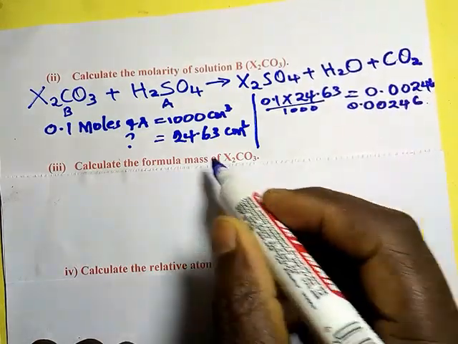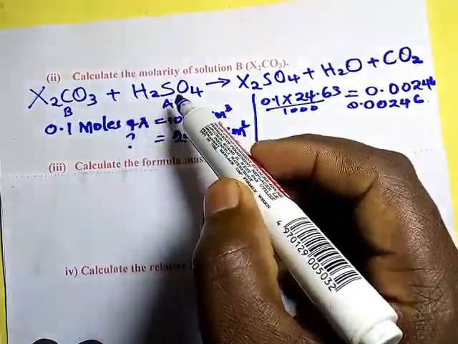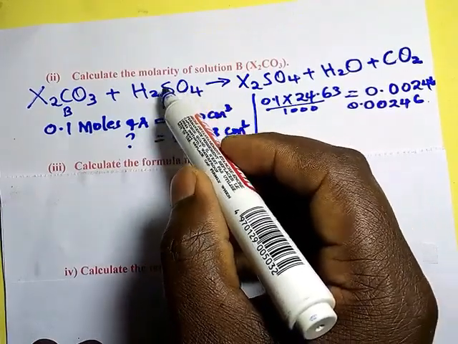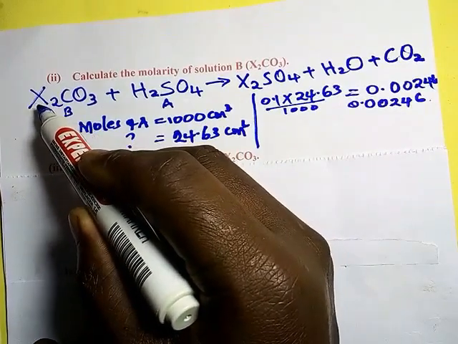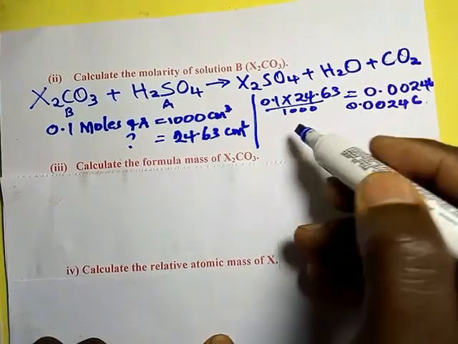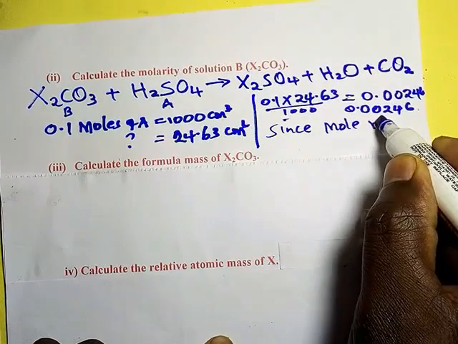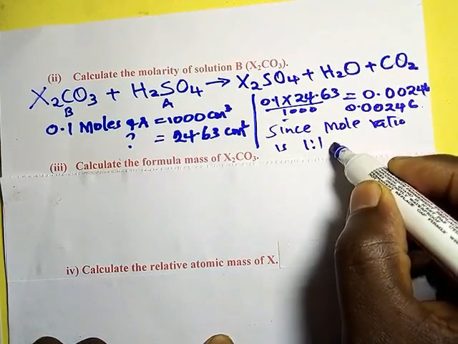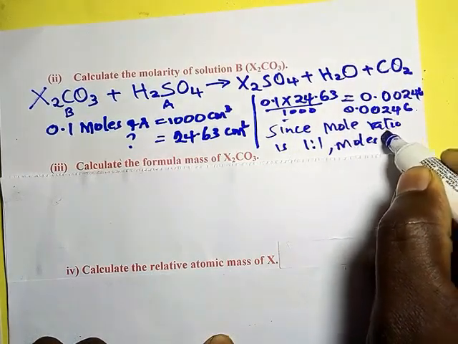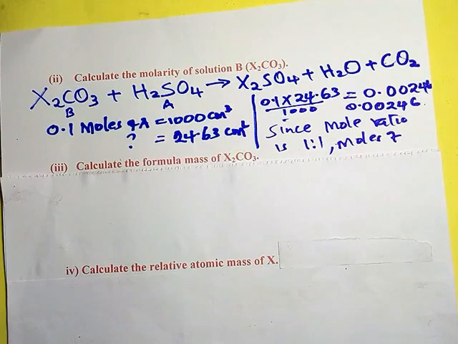So this one is 0.00246 moles. But from the equation, we can say that the mole ratio is 1 to 1, meaning that the number of moles of the carbonate in 25 is this. Space has become limited for me, so let me use a different paper here.